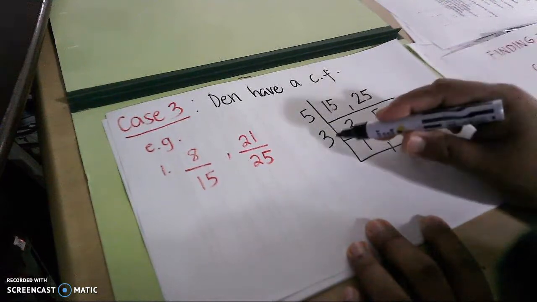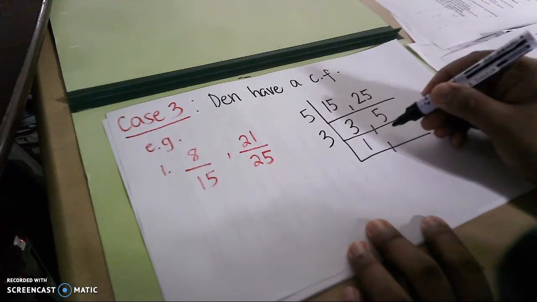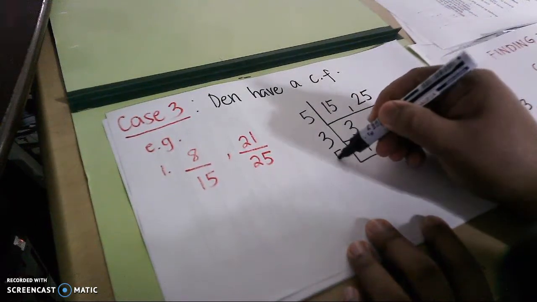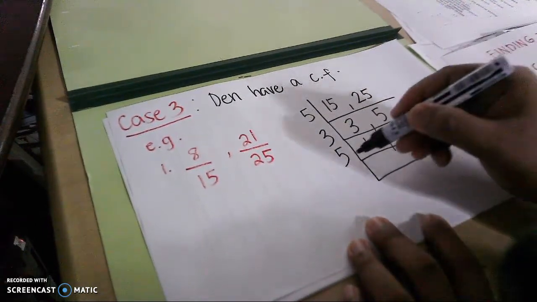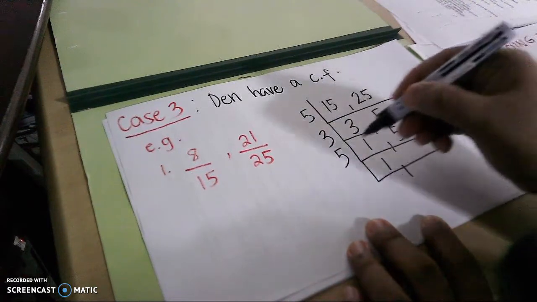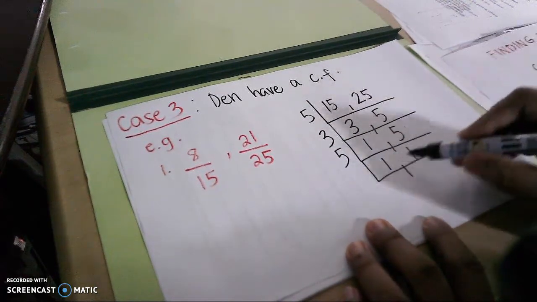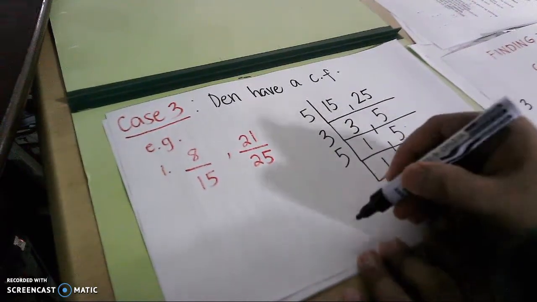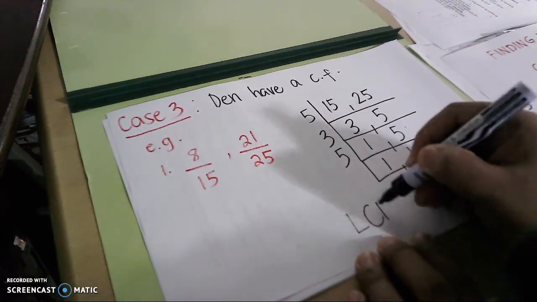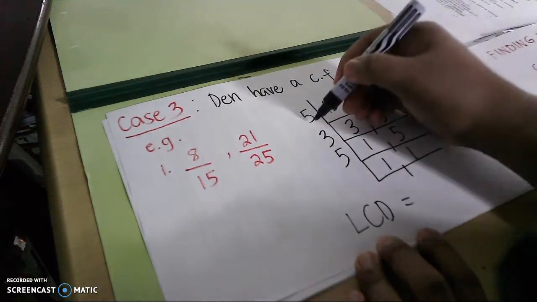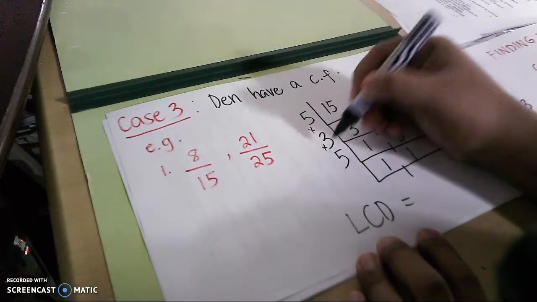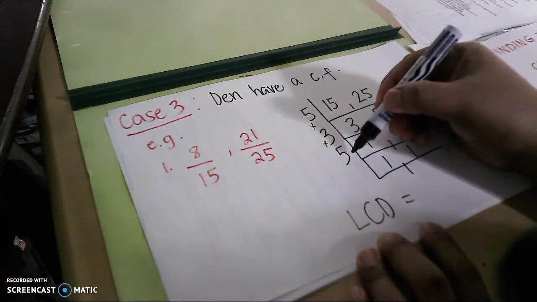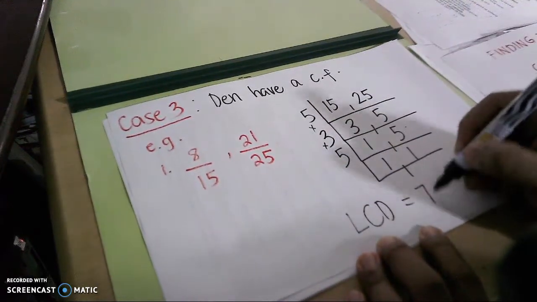And 5 divided by 3 cannot be, so just bring this down. And then we have here 5. 1 divided by 5 cannot be. 5 divided by 5 is 1. We will stop until we get to 1 and 1. So therefore, the LCD using the continuous division method will just become 5 times 3 times 5. That's 5 times 3, 15 times 5 would be 75.